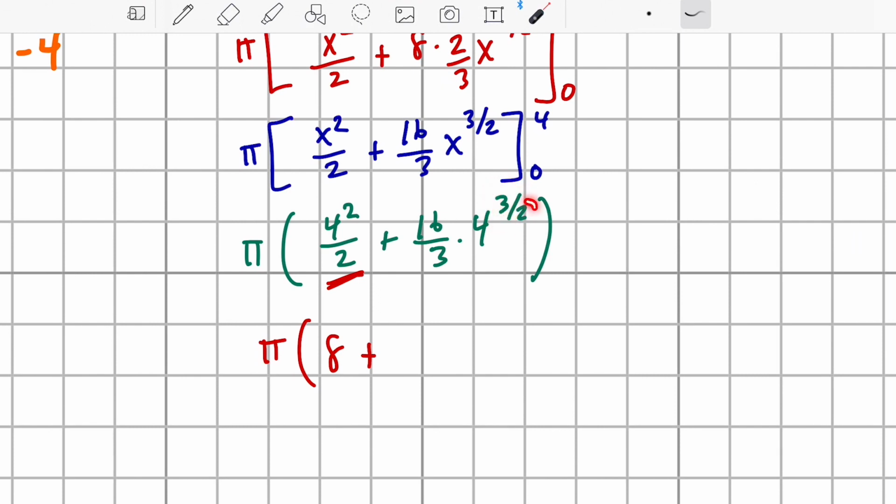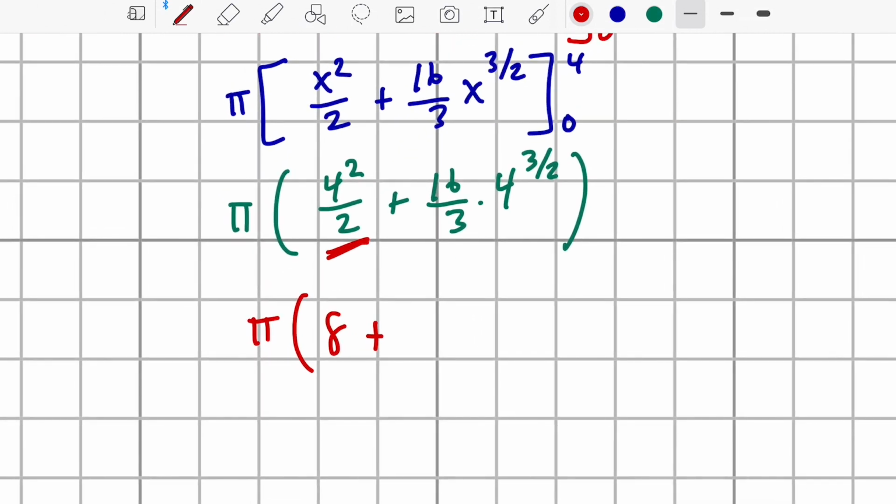Again, it's square root of 4 and then cube it, and then the result we multiply with 16 over 3. So here we go. The square root of 4 is 2. 2 cubed is 8. 8 times 16 is 128, and that is over 3.